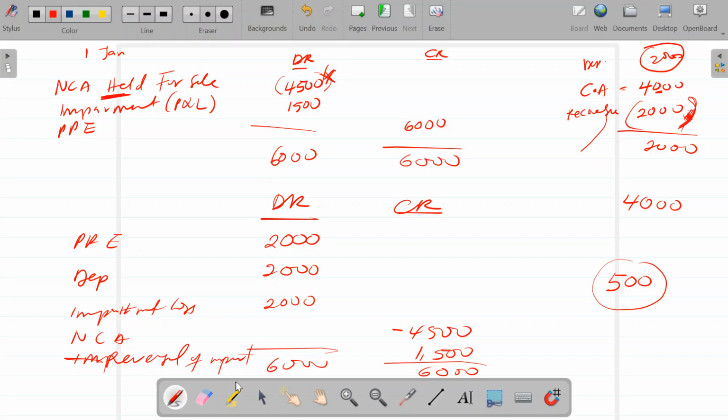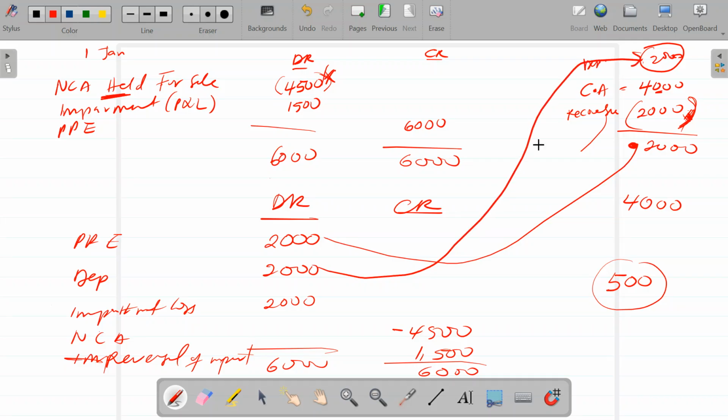What we do is, first, we recognize the PPE as the 2,000, which is the recoverable amount. Then the depreciation of 2,000 that we had to calculate as if the asset was lost. Then when we did the carrying amount and recoverable amount difference, there is also another impairment loss, which is the 2,000.